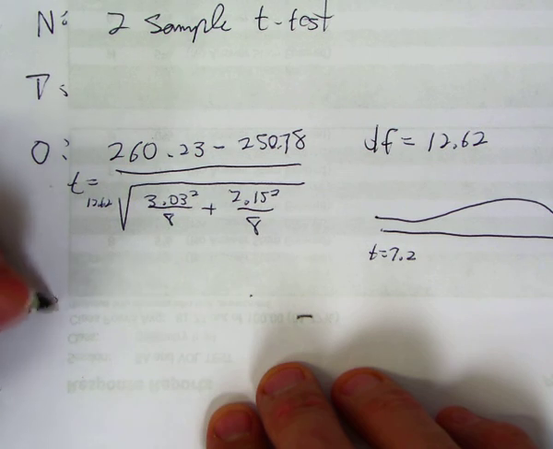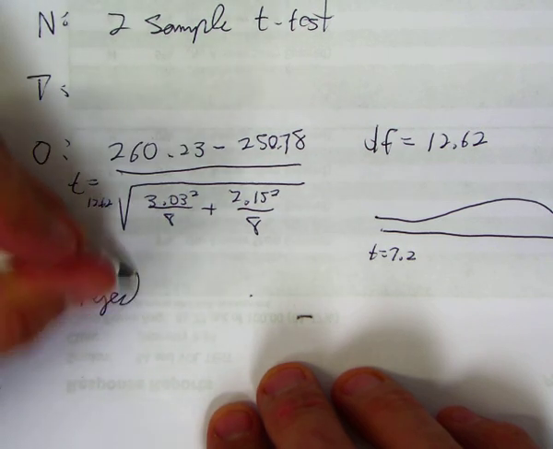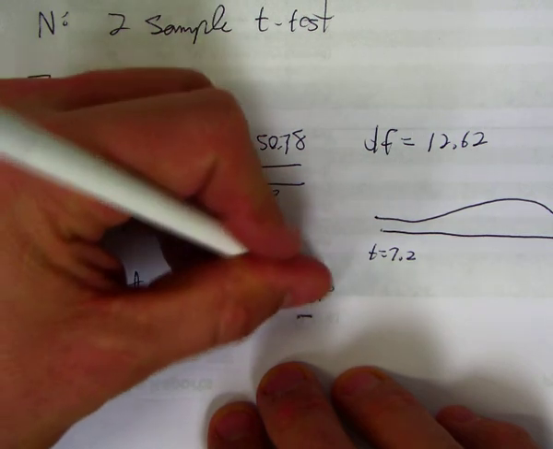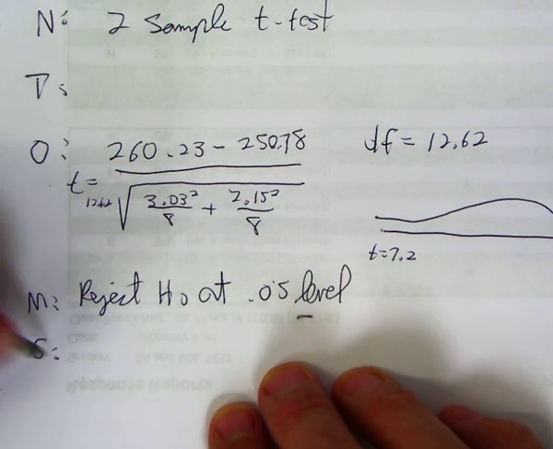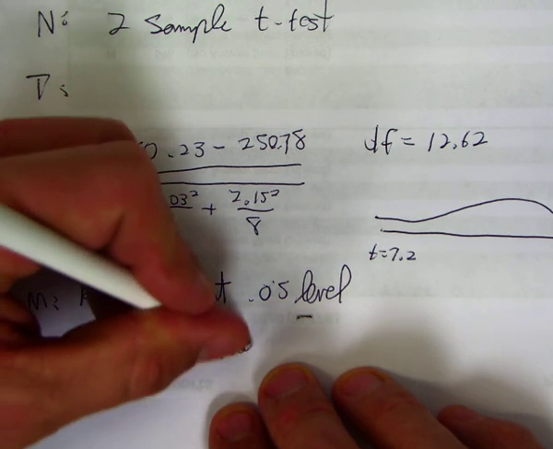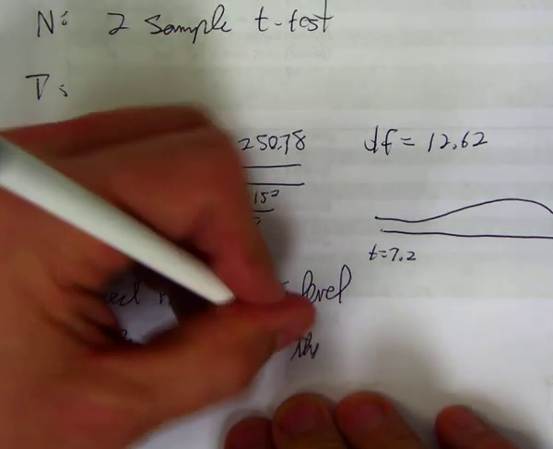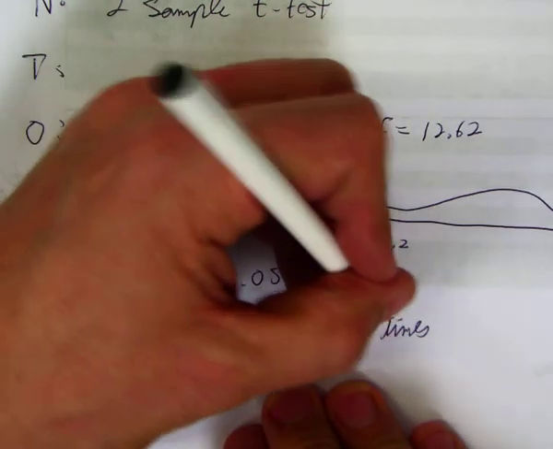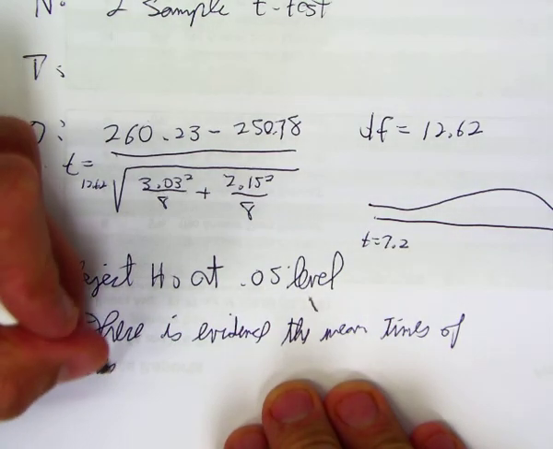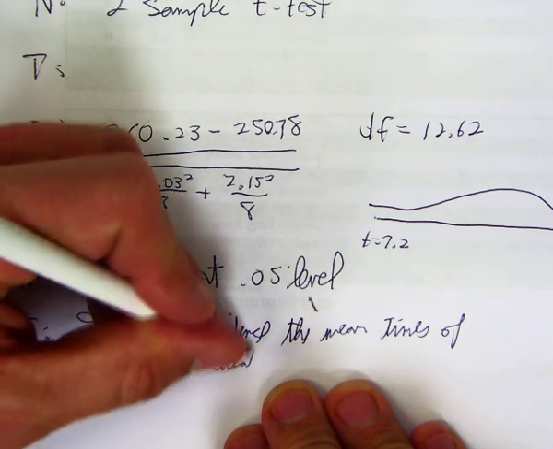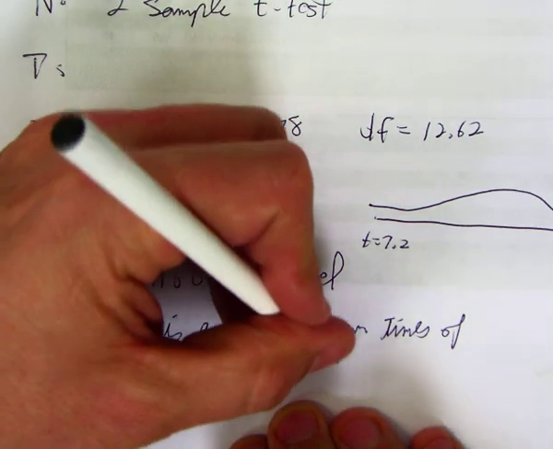So make the decision. We reject H0 at the 0.05 level. And our conclusion: there is evidence the mean times of heat 2 and heat 5 are different.